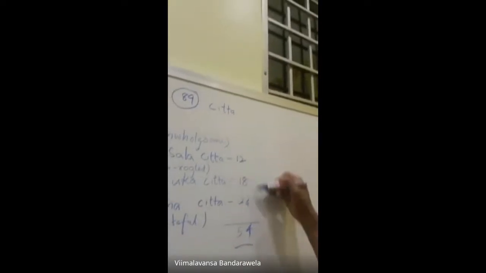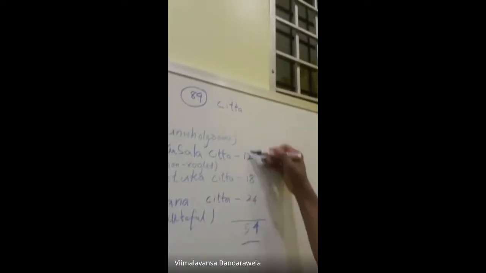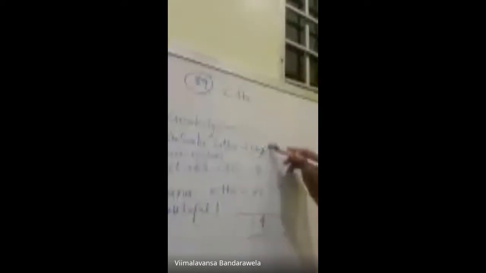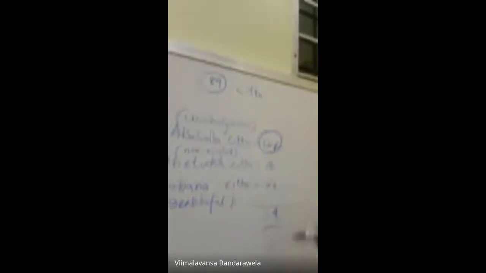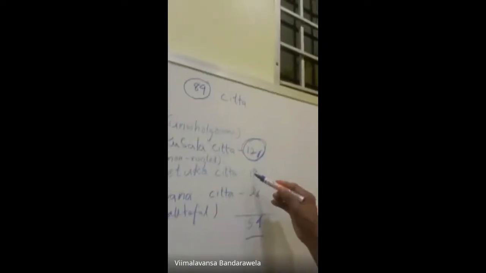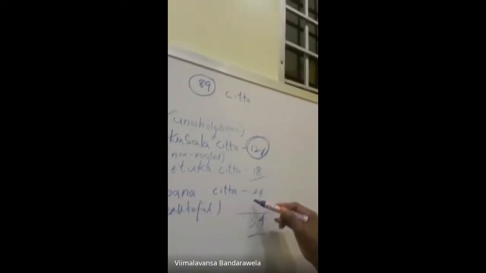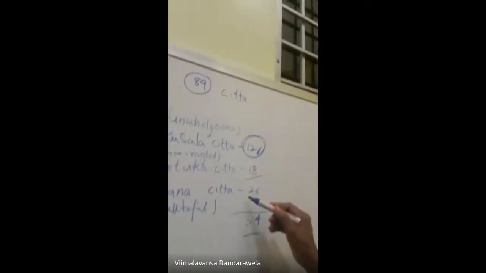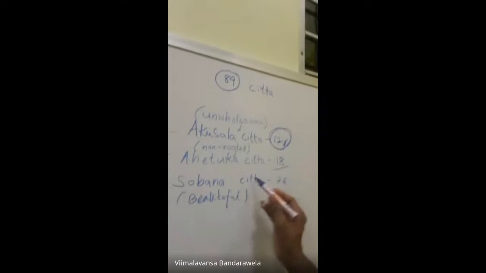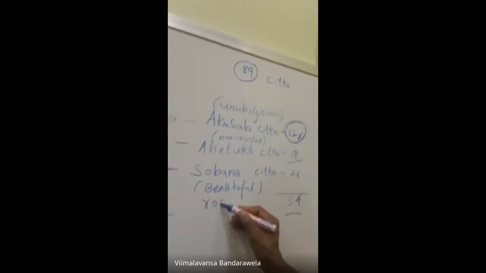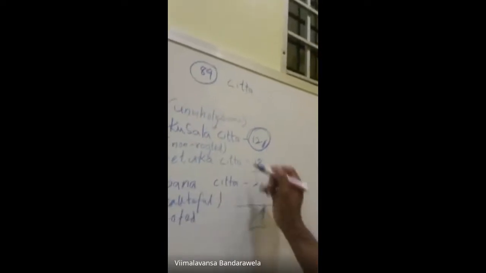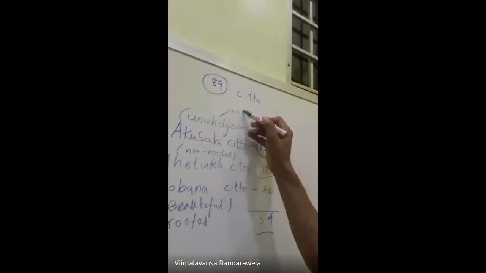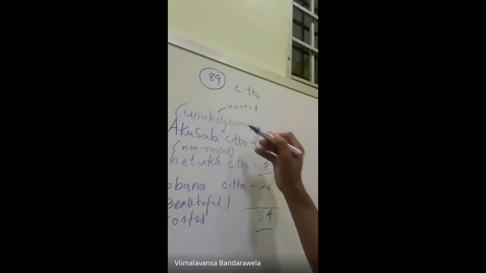You want to know this. How many Akusala consciousness? 12. We study this first. Then how many Ahetuka, the non-rooted consciousness? Sobana citta means rooted. These are rooted, beautiful consciousness.